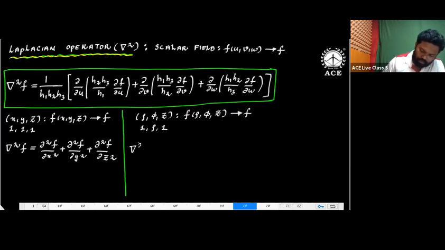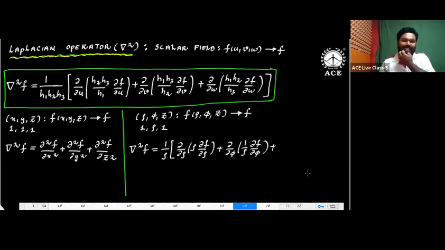So here, del square f is equal to 1 by rho into dou by dou rho into rho dou f by dou rho, plus dou by dou phi into 1 by rho into dou f by dou phi, plus dou by dou z into rho into dou f by dou z.